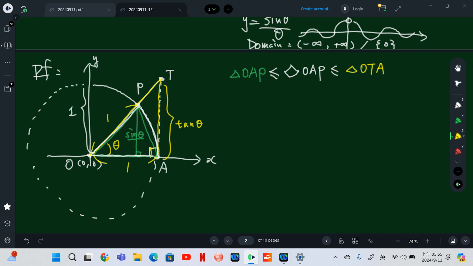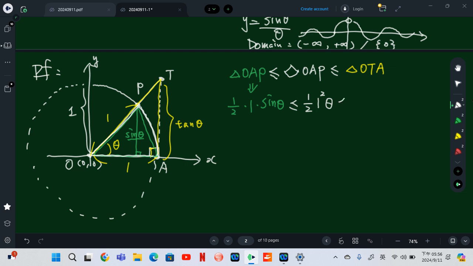Then we start to calculate the area. OAP will be 1/2 times its base times its height. This is a fan sector, so the area will be 1/2 times radius squared times theta.